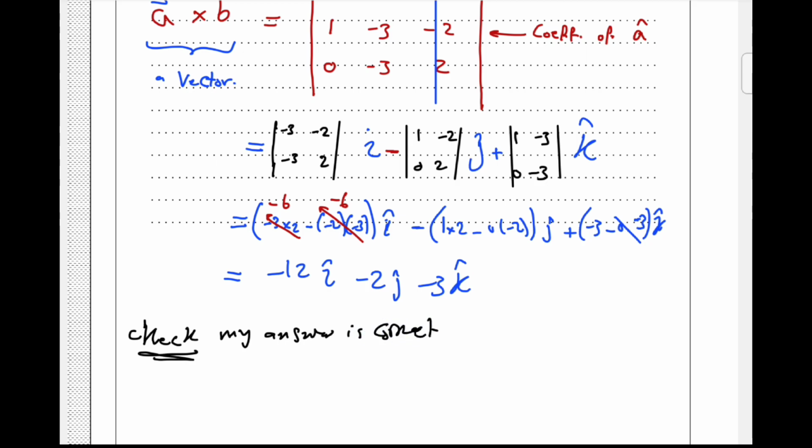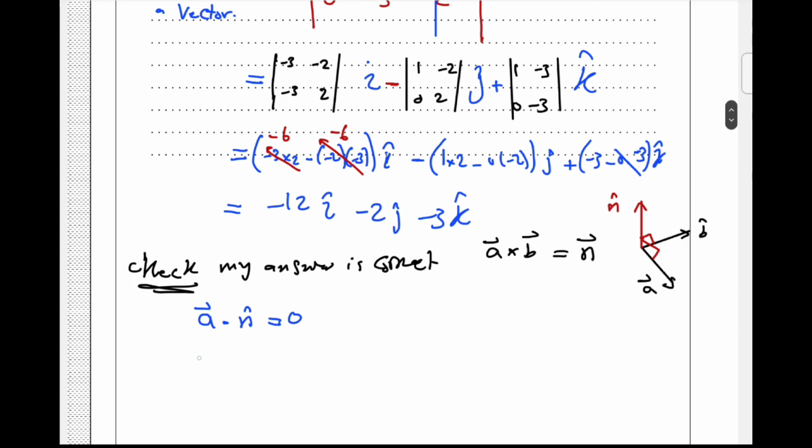Remember that when you have two vectors, A cross B generates a vector N which is normal to A and B. So it will make a 90-degree angle with both A and B, which means that the dot product of A dot N is equal to 0, and B dot N is also equal to 0.